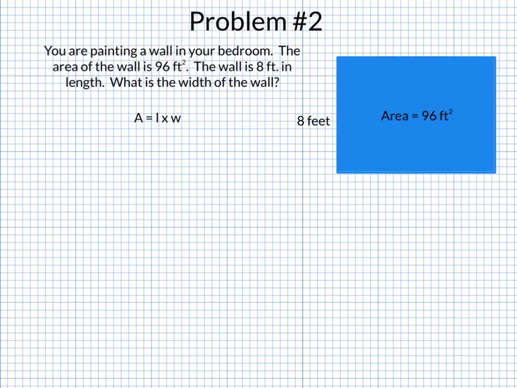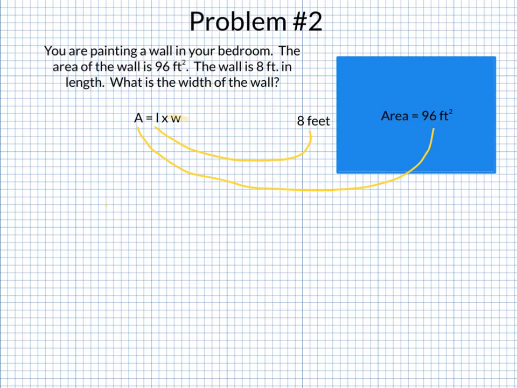As you can see, we have the length of 8 feet and the total area of 96 feet squared, so the factor we are missing is the width. So, to get that, we can just plug the information we already know into the area formula.